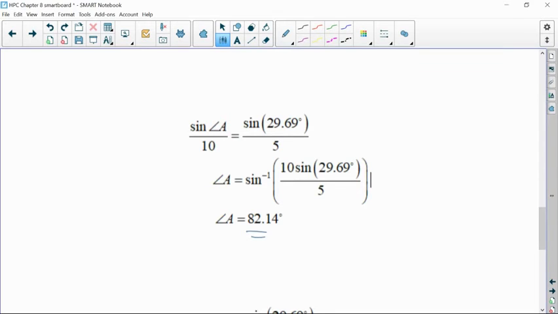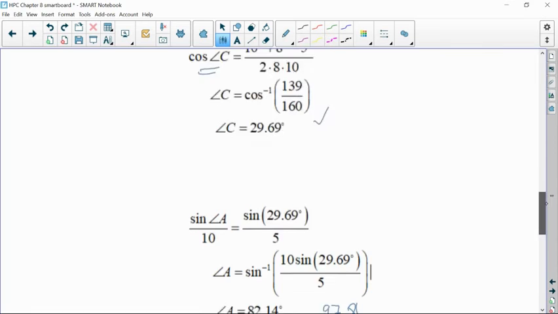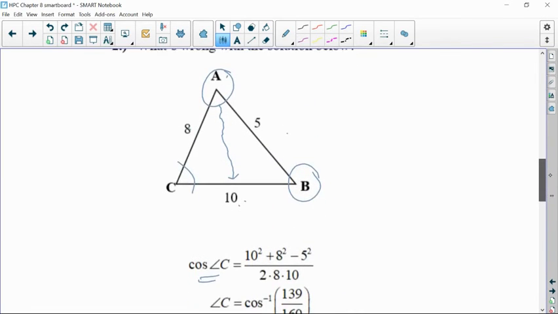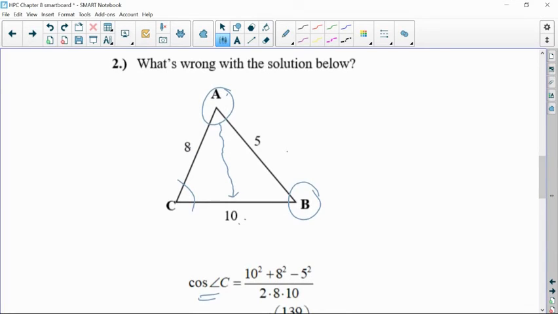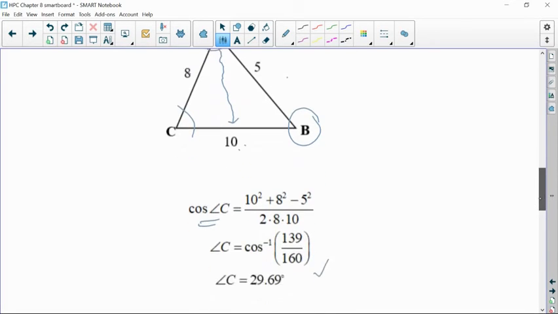And you might reason, okay, that might be right. But there's another angle out there that has the same sine ratio, which is actually 97.86. We don't know which angle A fits this triangle. It certainly looks acute, but if any of the angles could be obtuse, that's the one that could. So I have to be really careful.